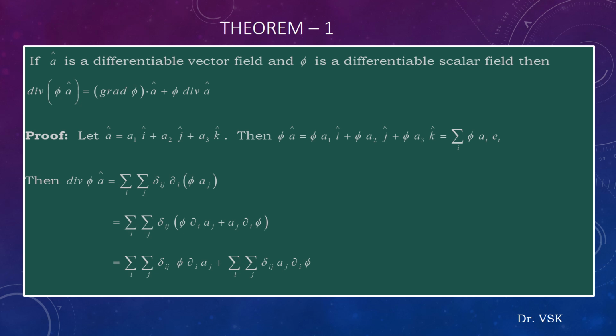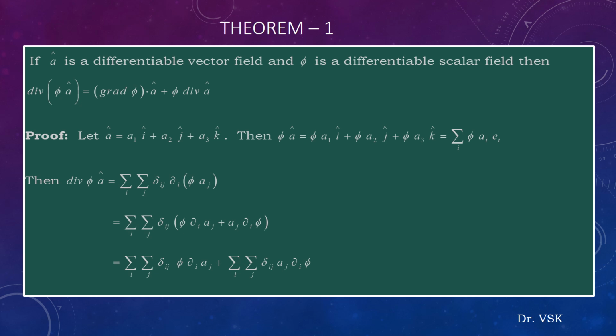Instead of i cap, j cap and k cap, let us replace e1, e2, e3 respectively. So a cap equals a1 e1 plus a2 e2 plus a3 e3. Now multiply this vector with the scalar field phi and find out phi a cap.